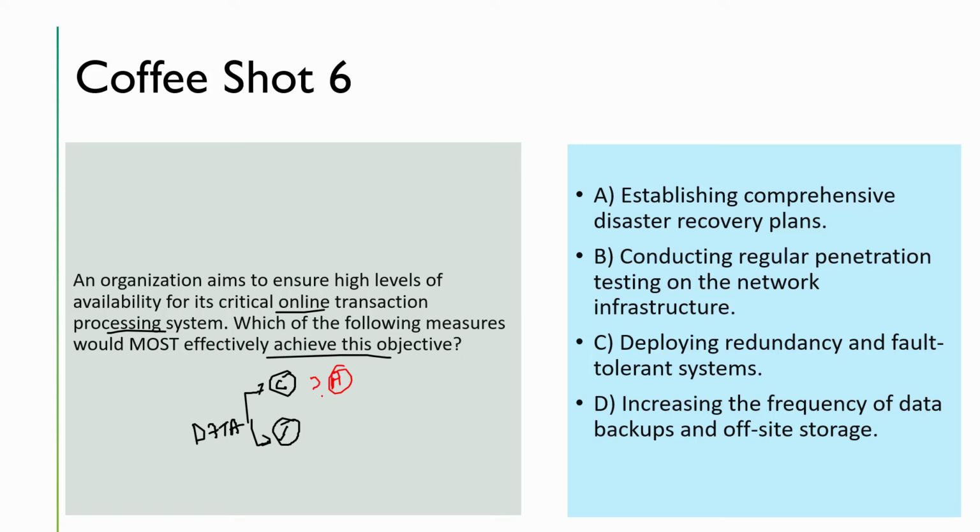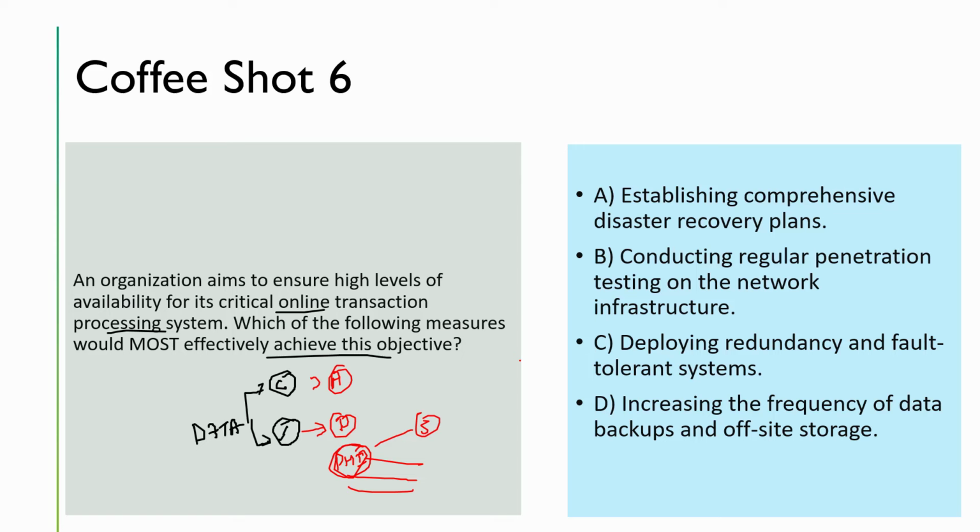It means if this data is unavailable, what is the impact? Sensitivity deals with the disclosure of data. For example, I have my PHI, personal health information. I want to make sure it is only available to the subject. But if it's available to everyone apart from the subject, then the value of this information is gone. So sensitivity is the information that deals with confidentiality, and criticality is the information that deals with availability.